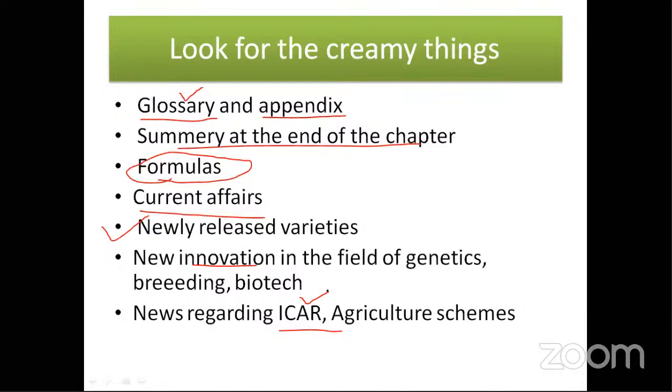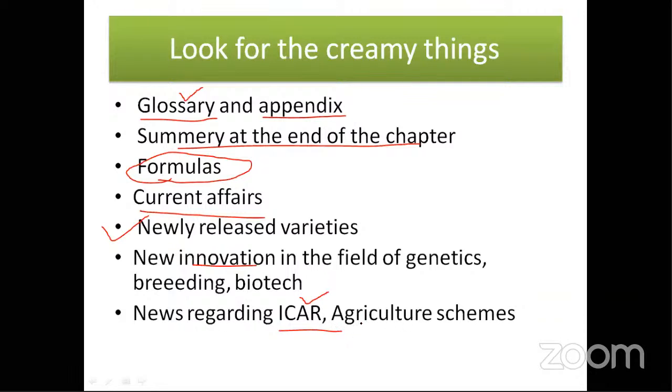But whatever they previously updated will not change that frequently. So once in a week at least, you need to go through the ICAR site, see the updates. Wherever we find the updates, definitely we'll be telling you, don't worry for that. But you should be sincere, for your sake you should be putting some effort in this regard also. So try visiting the ICAR site once in a week.